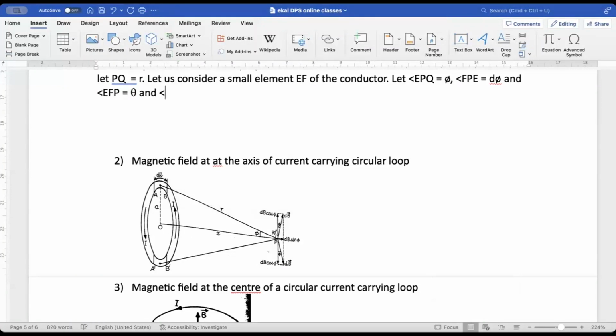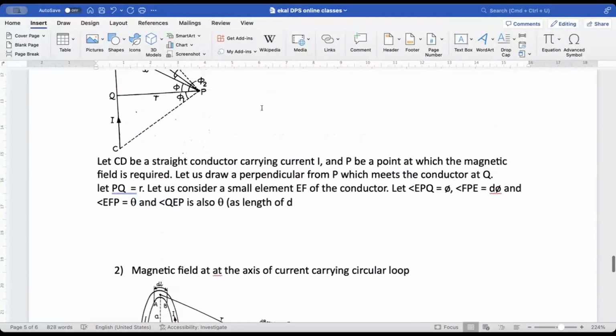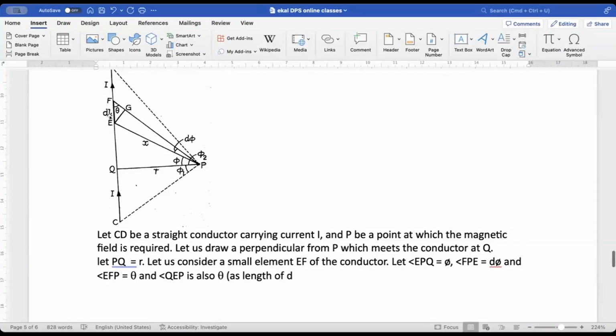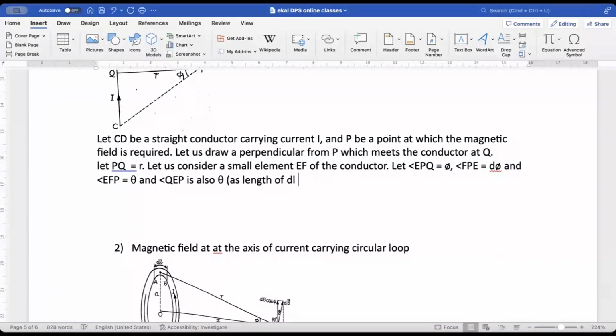And angle QEP is also theta. Why? As the length of the current element is delta L, so dl, this element dl is very small.